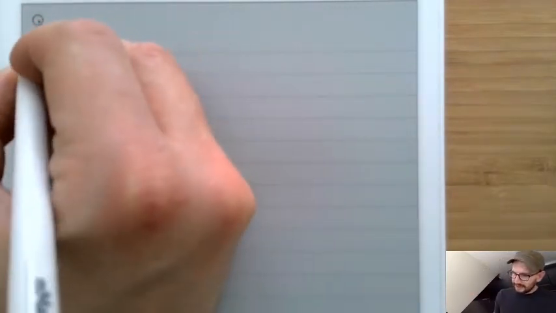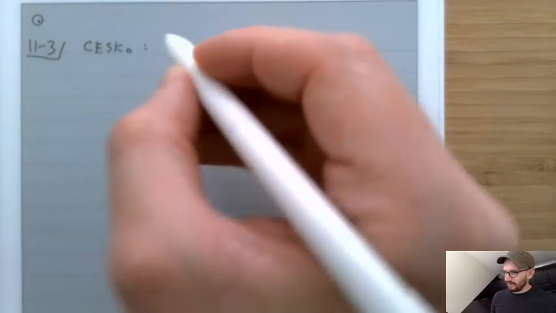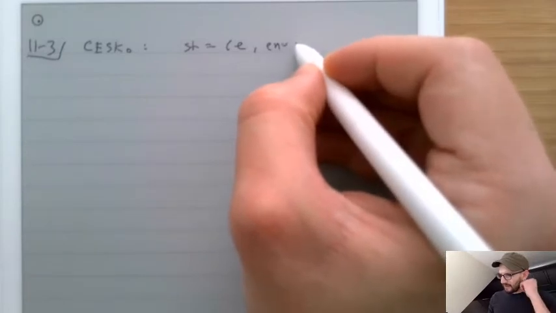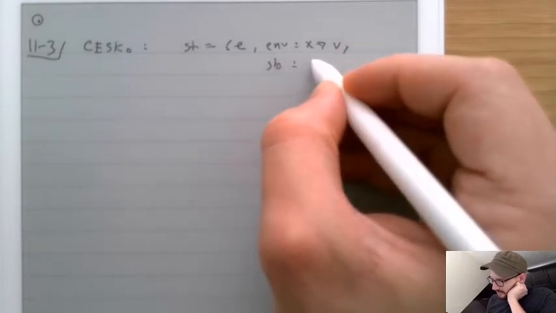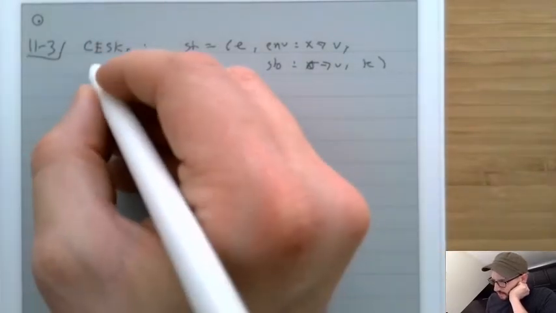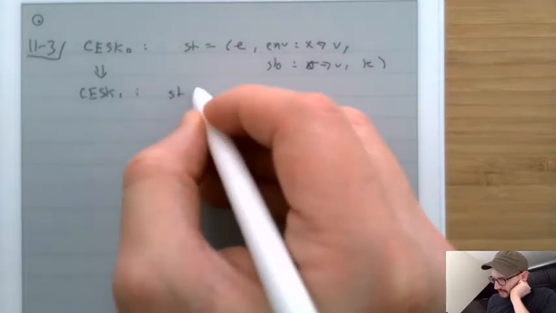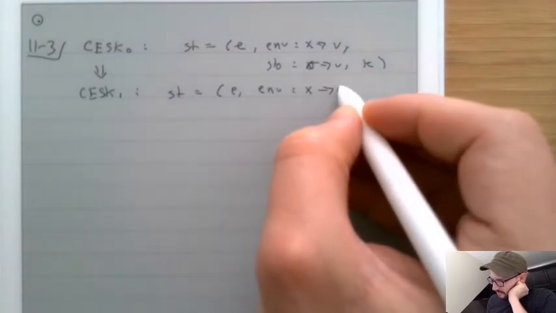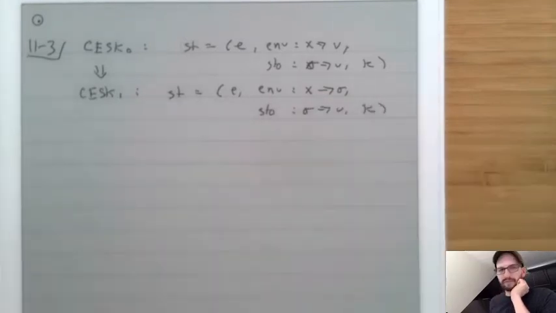The idea is that in the CESK machine 0, your states were an expression, an environment that mapped variables to values, a store that mapped pointers to variables, and then a continuation. What this would do is you would have a CESK machine 1, and its state would be an expression, an environment that would map variables to pointers, a store that would map pointers to values, and then the continuation.